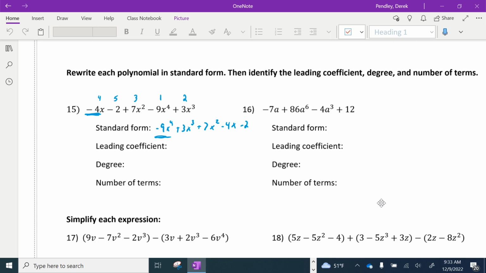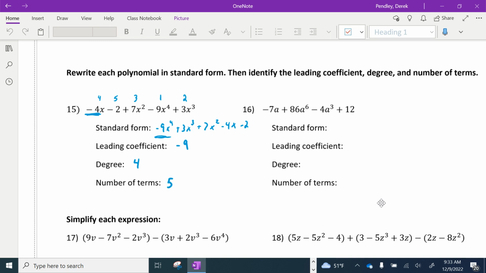It has to be in standard form if you're going to use that logic. A good way to remember is it goes with the one with the highest degree. The highest degree here is 4, so the leading coefficient is negative 9. The degree is the highest power you see, which is 4, and the number of terms, we have 5 of them.